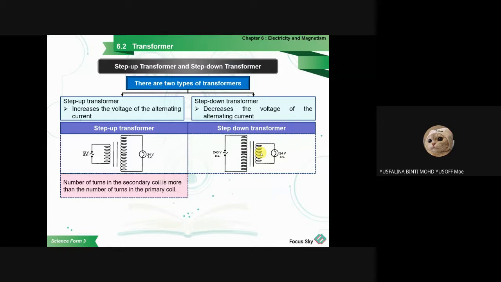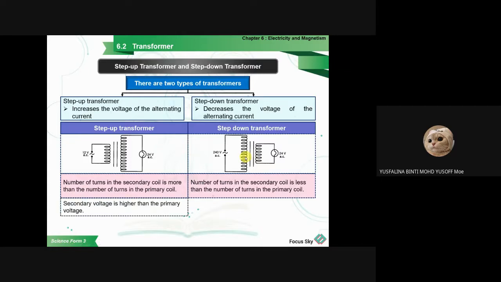Okay, so this is the comparison between the step up and step down. For step up, the number of turns in the secondary coil is more than the number of turns in the primary coil, which I already explained just now. And for step down, the number of turns in the secondary coil is less than in the primary coil.